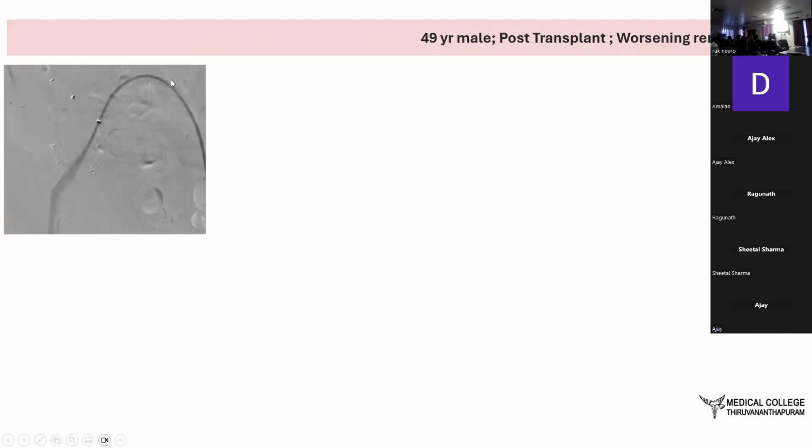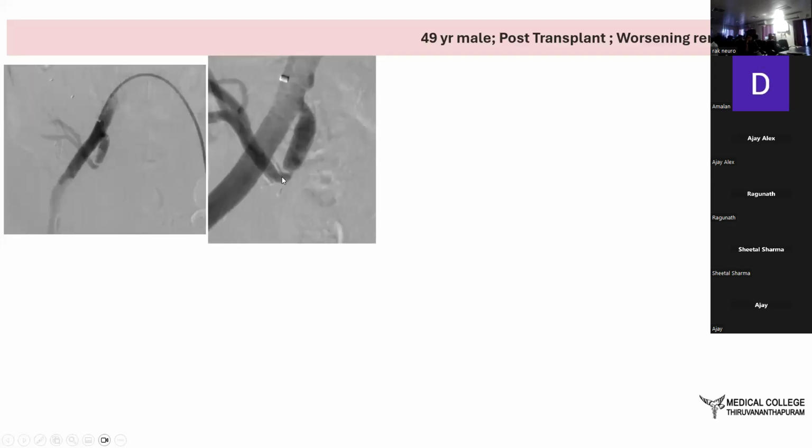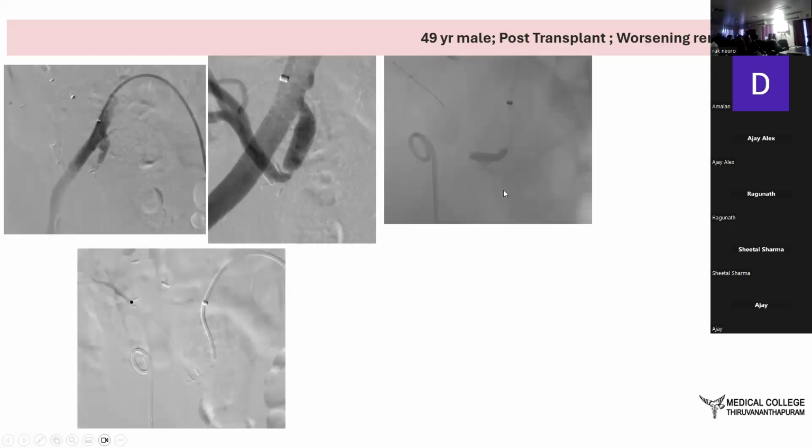This was after placement of a 6 French Balkin sheath from the left femoral artery, and the angiogram shows a tight stenosis at the site of anastomosis. Because there was a compromise in renal function as well as output in the acute stage, we initially ballooned this segment to increase the flow.